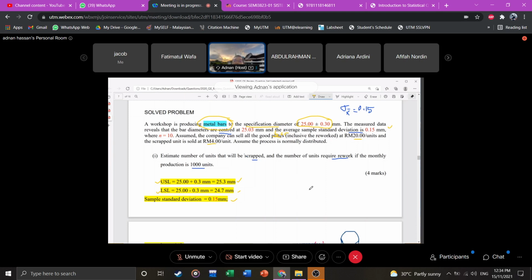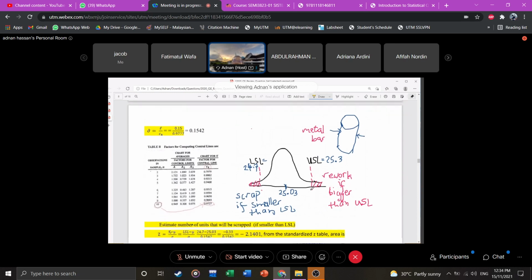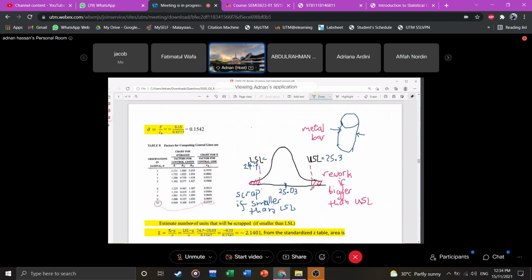So when you have this, you need to relate to this. When you get a bigger one, you can rework, right? Rework if bigger than the upper specification limit. But if the metal bar is smaller than the specification limit, can you rework or not? Cannot, because it's so expensive to do another layer of plating and so on.